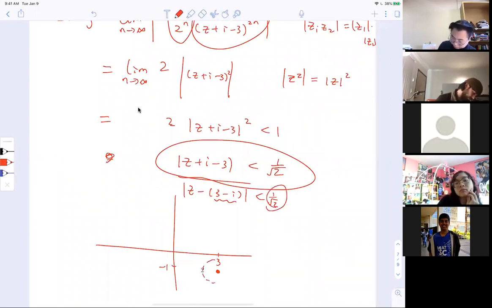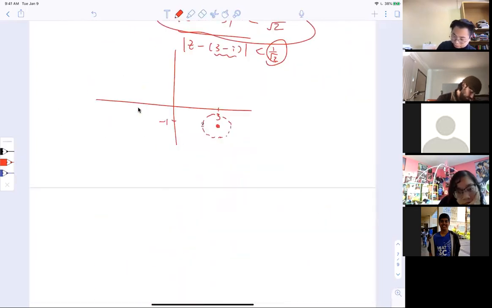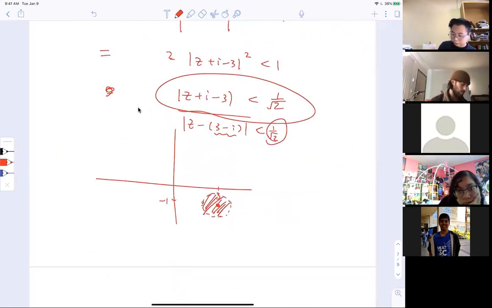So basically the series only converges within this disk. It does not include the boundary; the circle is strictly smaller, instead of smaller or equal.